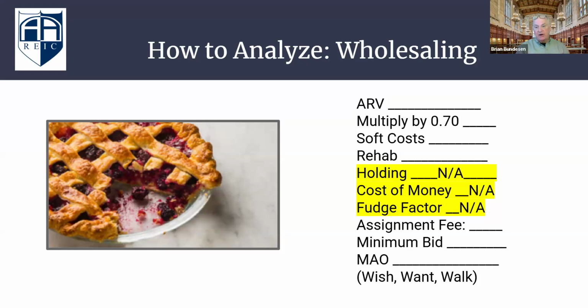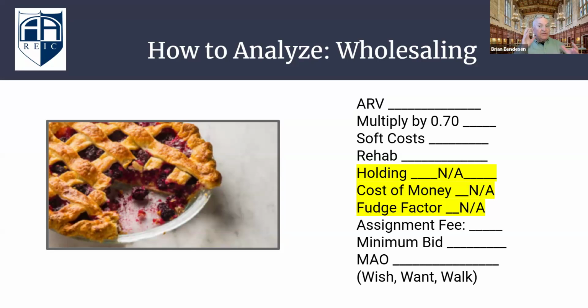You're the wholesaler, so it can be $1, $5, $5,000, $50,000, whatever, because that's the wild, wild west. Then when you've got all this computed, now I know what my MAO, my maximum allowable offer, is going to be.